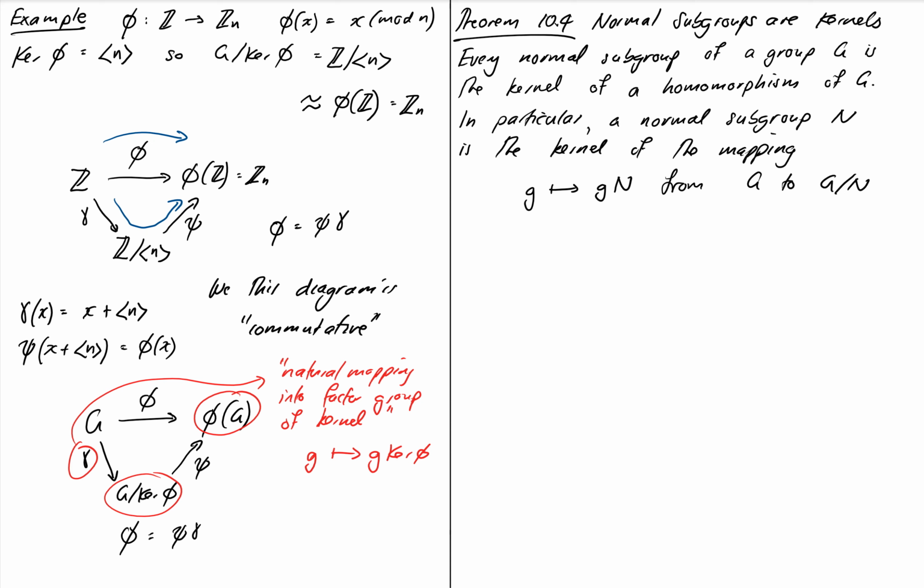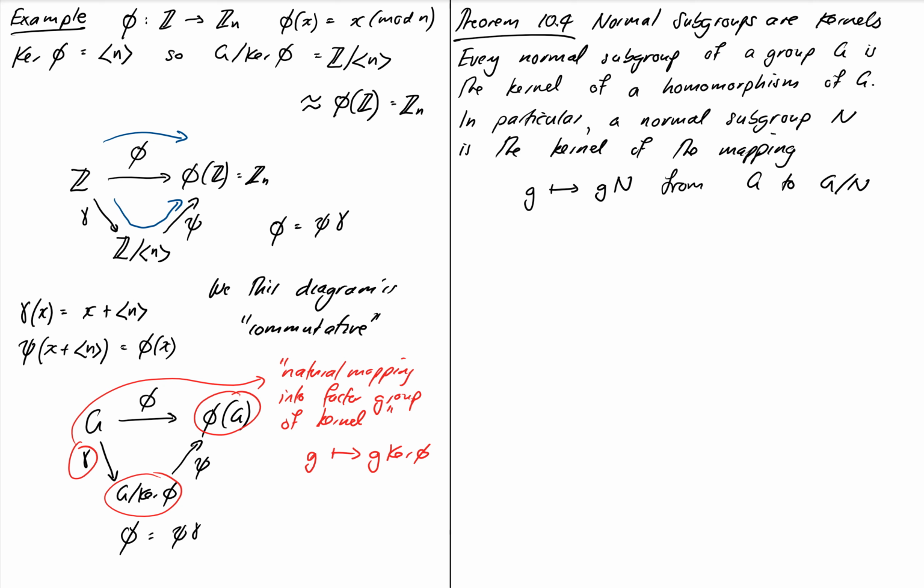We're going to complete our section of theorems with one more, and this is a nice little tie-in. It says that every normal subgroup of a group G is a kernel. We've already established that kernels of homomorphisms are always normal, but now we're saying that all normal subgroups are the kernel of some homomorphism. The theorem also tells us what the homomorphism is.